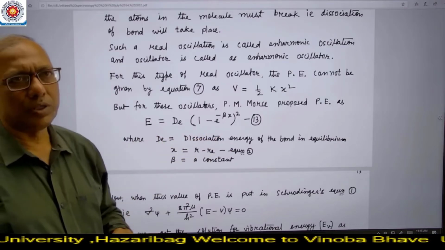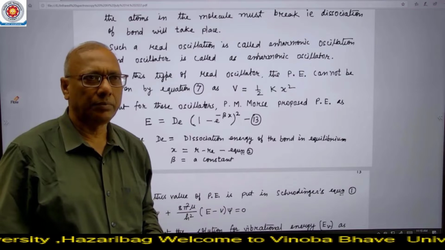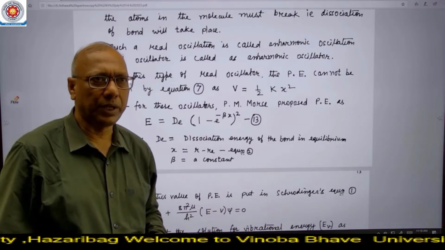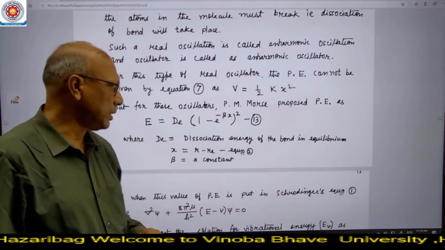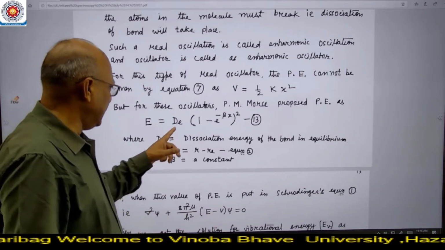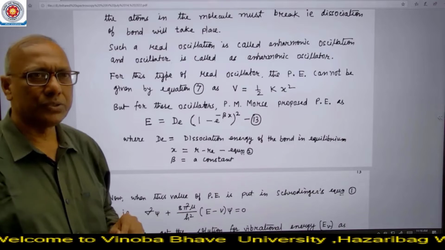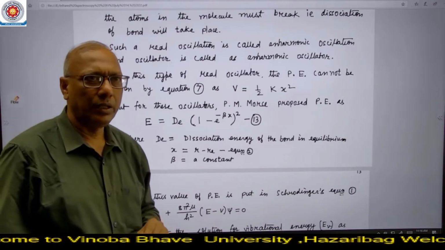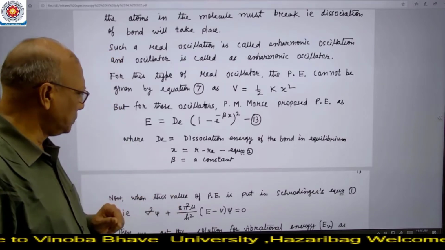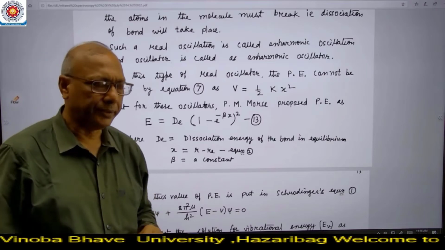That is, potential energy is equal to dE times (1 minus e to the power minus beta x) whole to the power 2. Here dE is the dissociation energy of the bond in equilibrium, x is equal to r minus re, already written as equation 2, and beta is a constant.